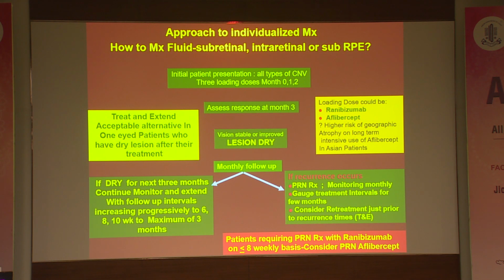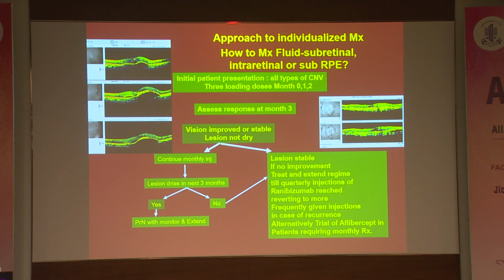I'm talking about our country, I would advise this only for one-eyed individuals, but yes, if a patient can afford it, he says I want it, you can think about it. This loading dose can be with ranibizumab or it could be with aflibercept. Personally, I believe that aflibercept is a stronger drug but also has a higher tendency to cause geographic atrophy in the long term, the basis of which if somebody brings up in discussion, we will talk, otherwise we will not.